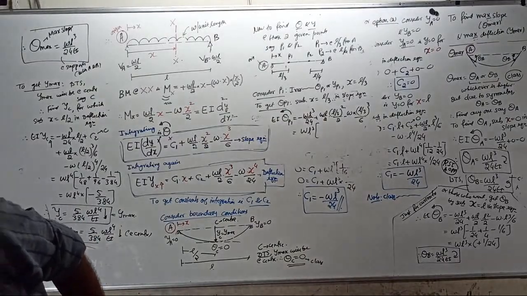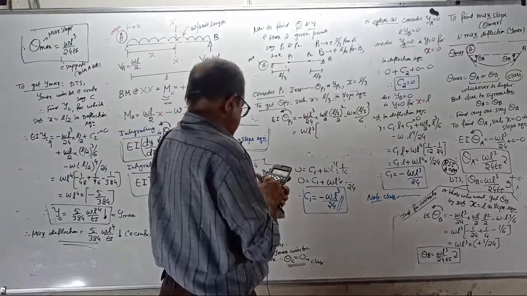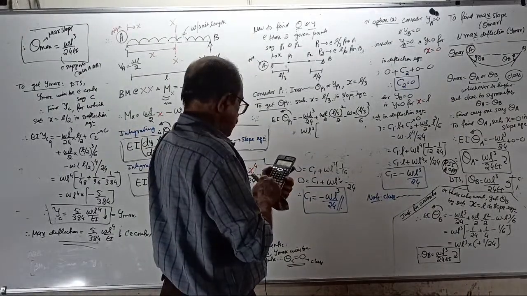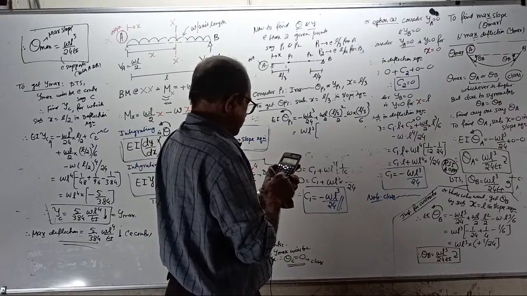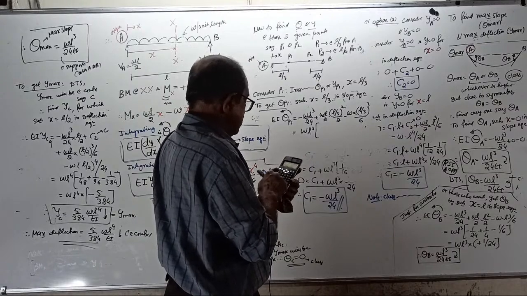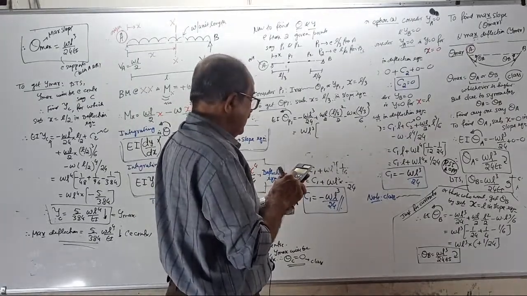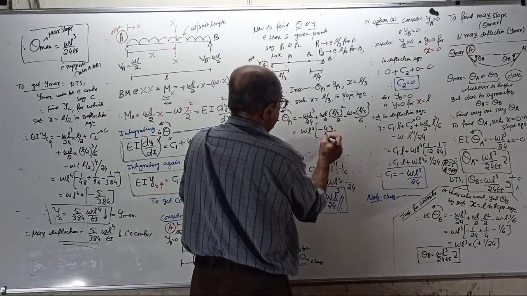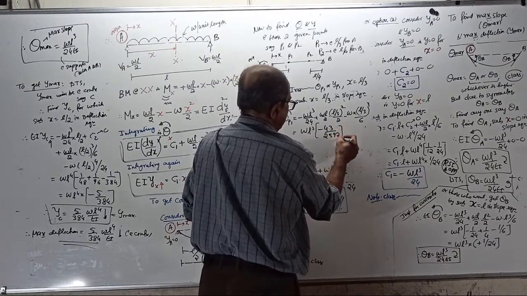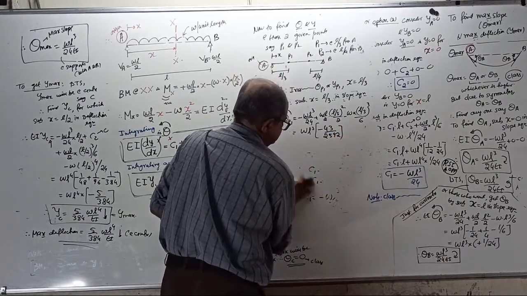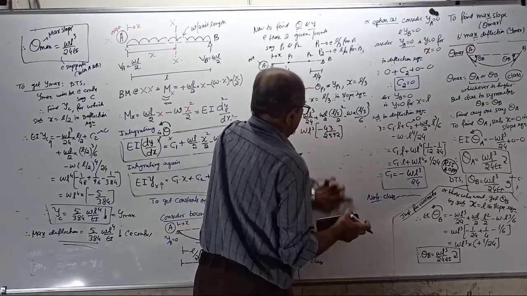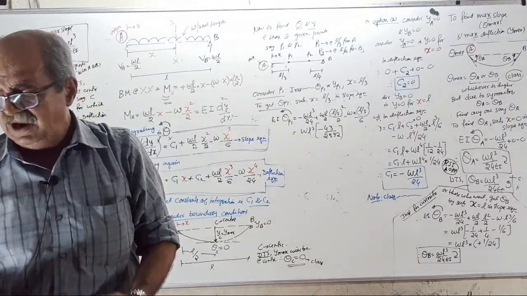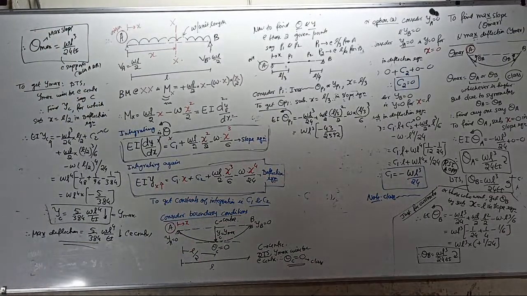Now, tell the answer at least. Minus 1 by 24 plus 1 by 4 into 1 by 8 minus 1 by 6 into 1 by 27. If wrong, tell me. Minus 43 by 2592. Is it correct? Fast, comment it.